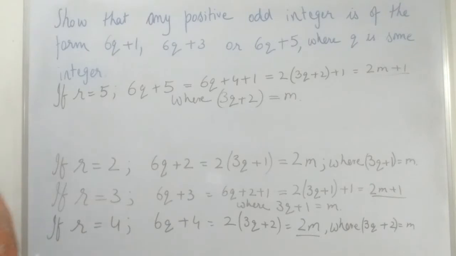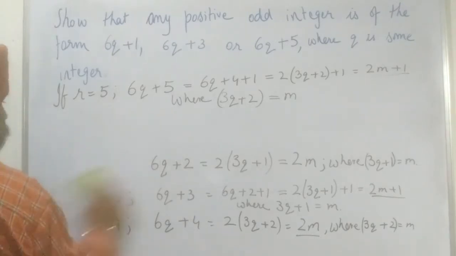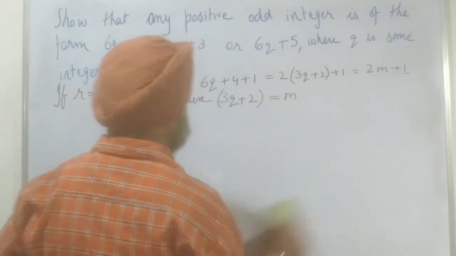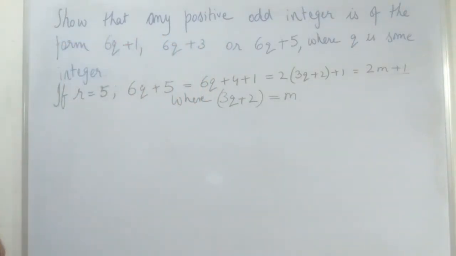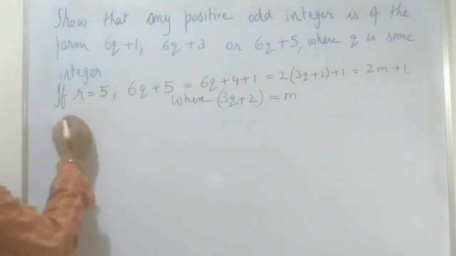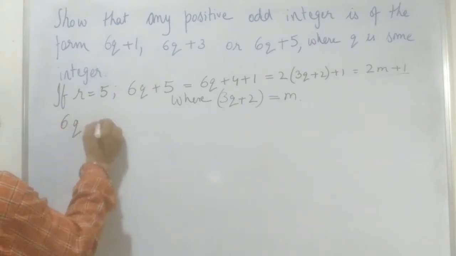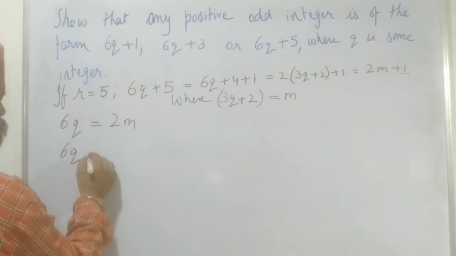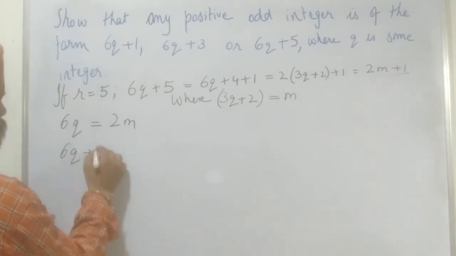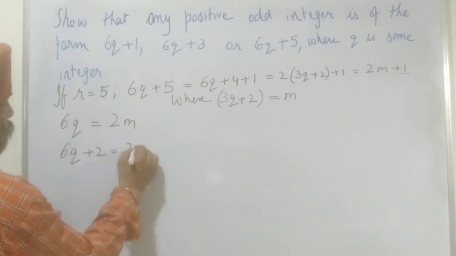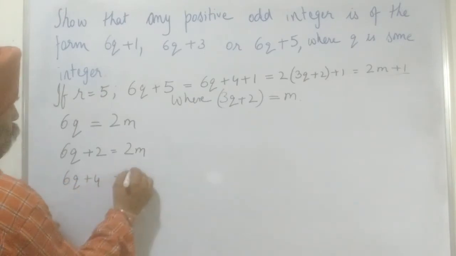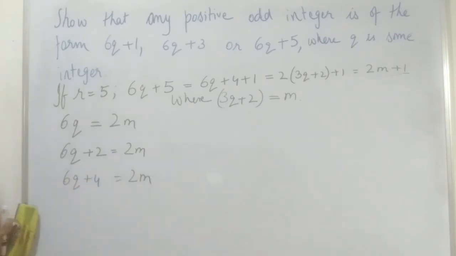Conclusion is this, that whatever is the multiple of 2. Now let's take 6q was 2m, 6q plus 2 was also 2m, 6q plus 4 was also 2m, right?